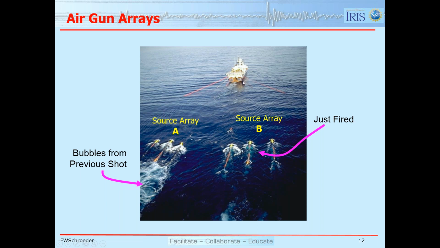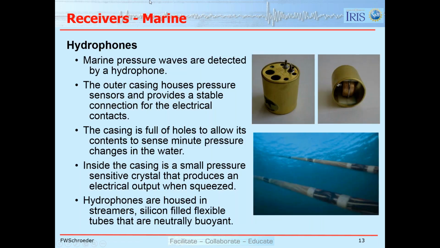The boat sails along at a speed of about 10 knots. A fires, B fires, A fires, B fires, A fires, B fires. And so we are able to position these source arrays so that we can get a lot of subsurface coverage. I'll show more diagrams to help illustrate that.